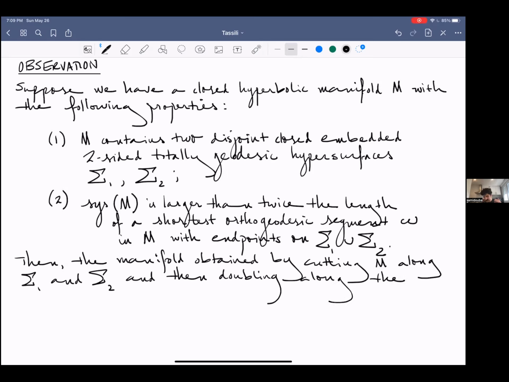This might be a disconnected manifold, but we don't care. It's certainly, I mean, once you double, it's without boundary. And it will have systole precisely twice the length of omega.